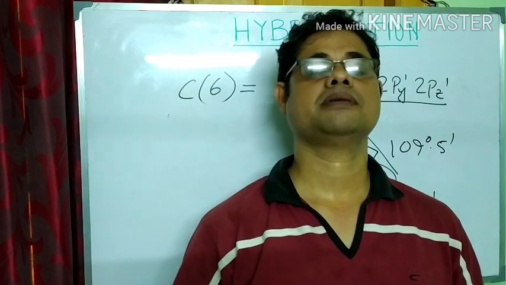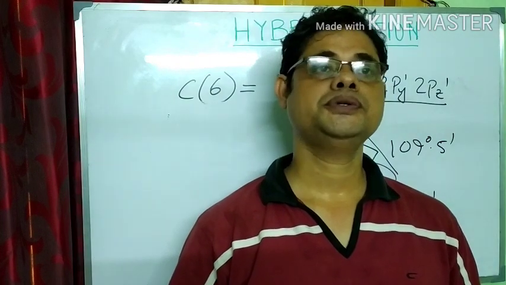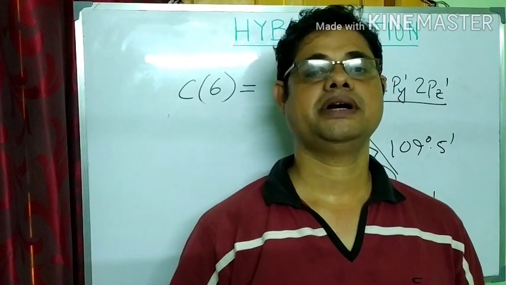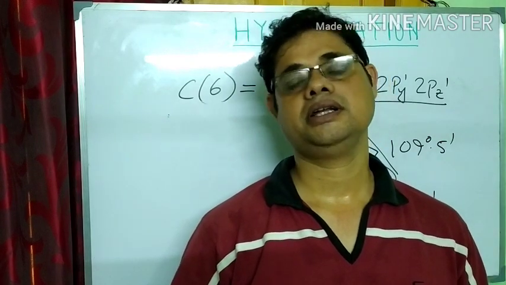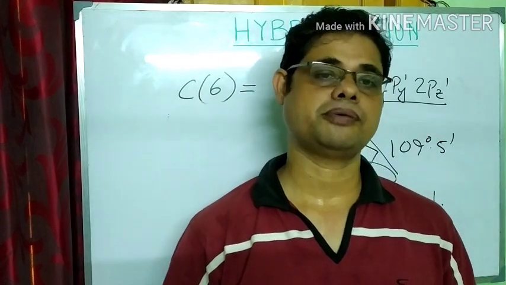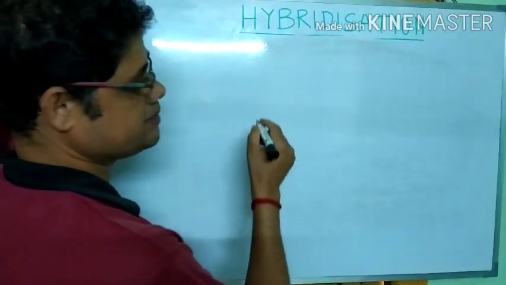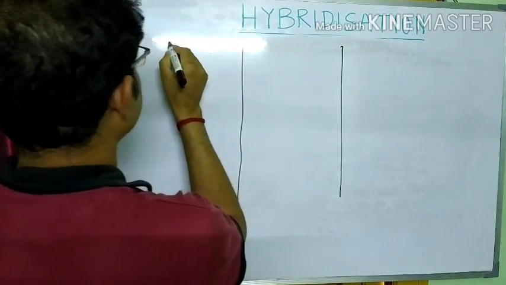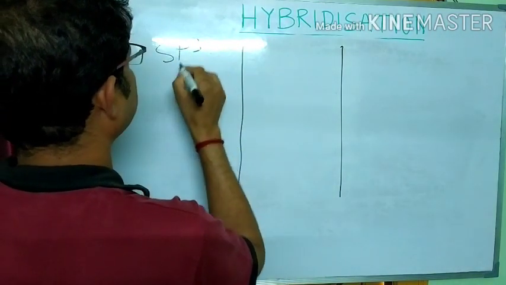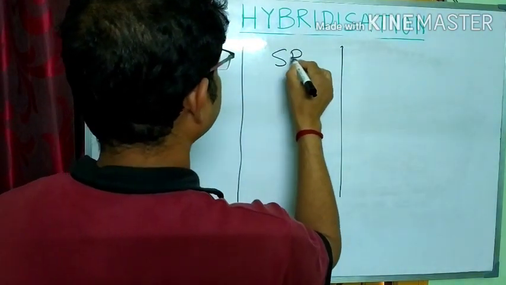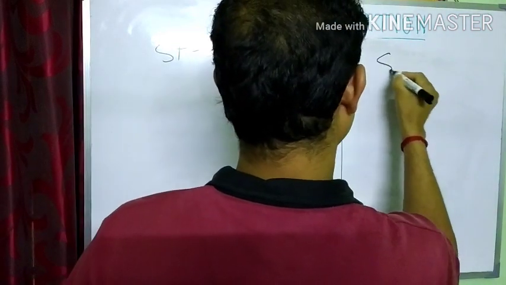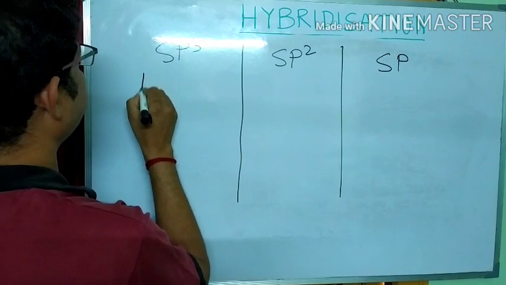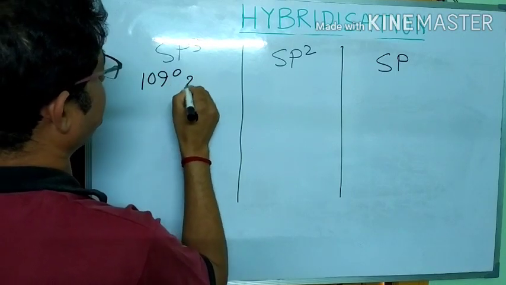There are millions of carbon compounds, but we only find 3 types of hybridization in carbon compounds. These 3 types are sp3 hybridization, sp2 hybridization, and sp hybridization. In sp3 hybridization, the bond angle is 109 degrees 28 minutes.